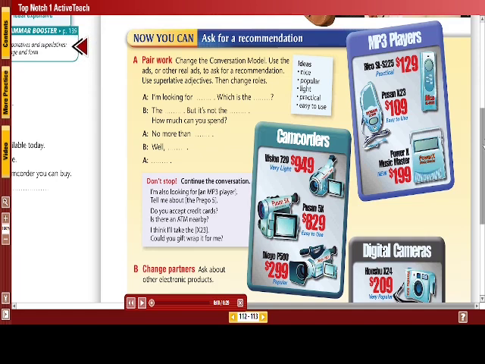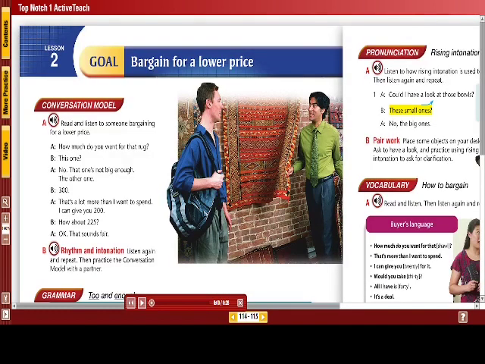We can discuss their features. For example, which is the most practical, which is the most portable, which is the least expensive, which is the cheapest, for example. So now we have lesson 2, bargain for a lower price.